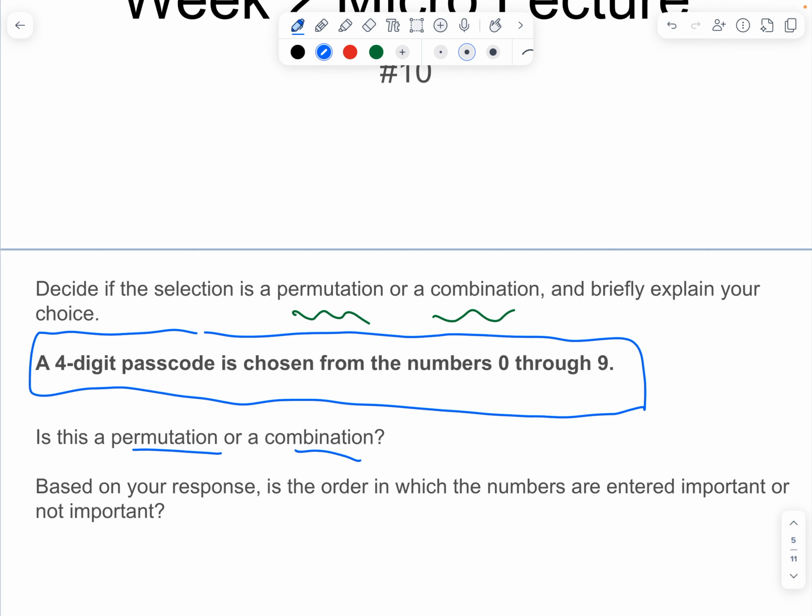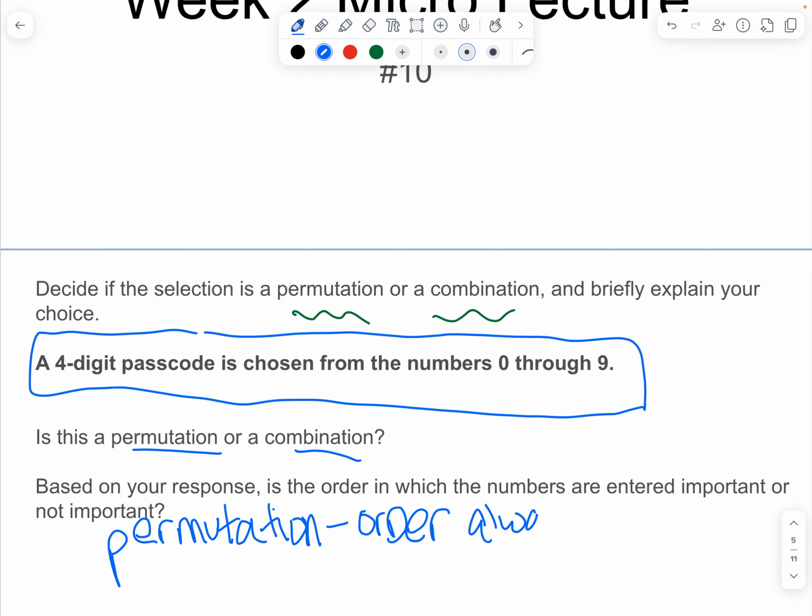Okay, so things that come to mind when I see permutation and combinations. Permutation, the order always matters. So the order in which you would, let's just say, put your passcode in would matter.